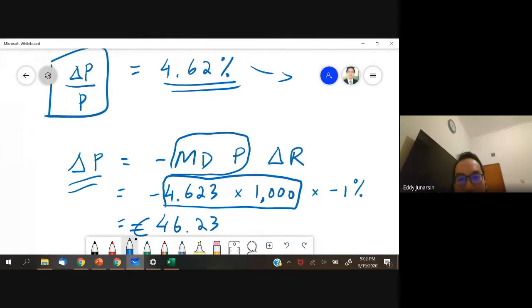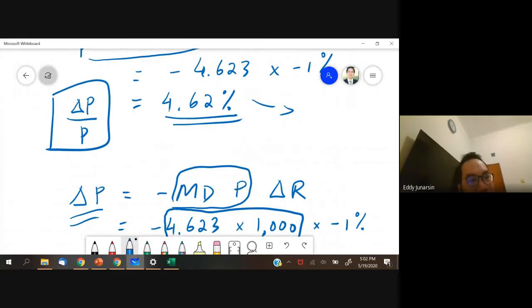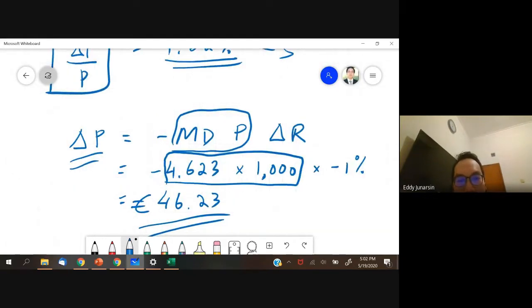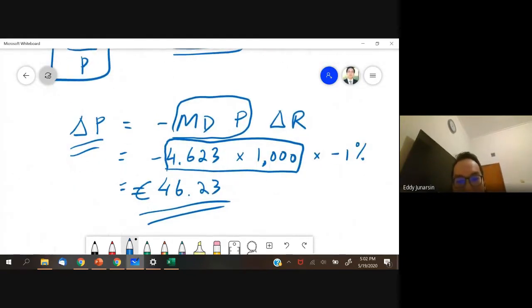You could imagine, right? The original price is 1,000, so we'll experience an increasing price by 4.62%, or in the monetary unit, this would be 46 euros 23 cents. So 1,000 plus 46, the new price would be 1,046 and 23 cents.